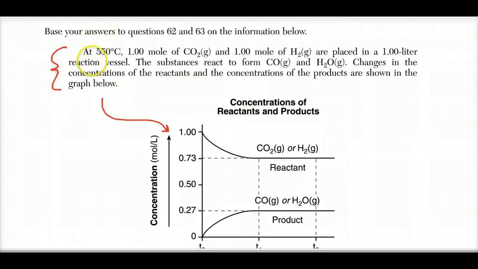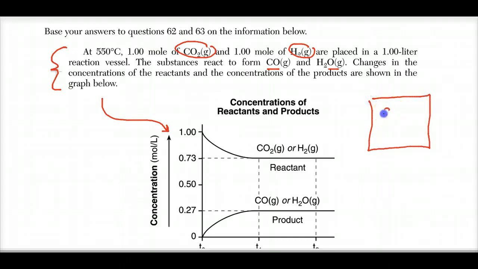We have a container at a certain temperature, and we have a certain amount of CO2 and a certain amount of H2 in a 1 liter container. So we've got gases that are in a container. The substances react to form new gases. So the container is basically a big box, and you're starting out with CO2 and you start with hydrogen.